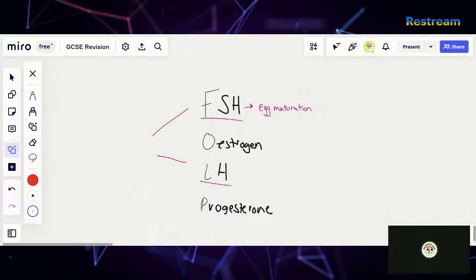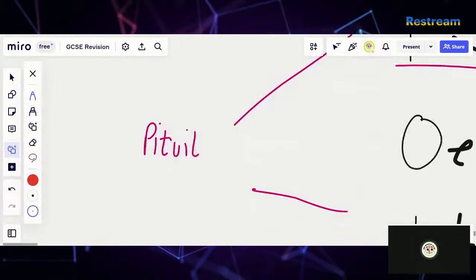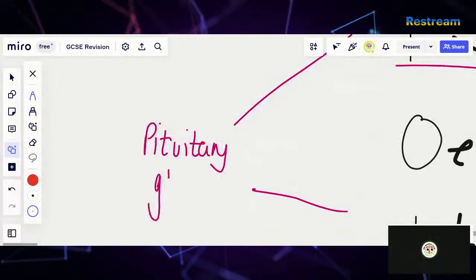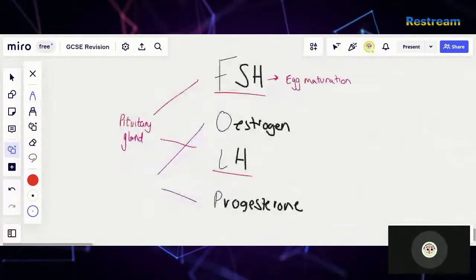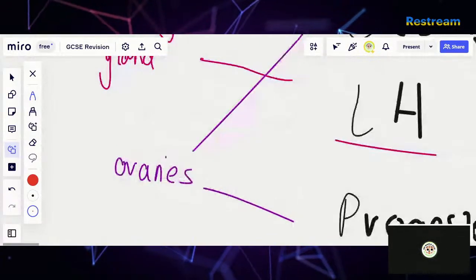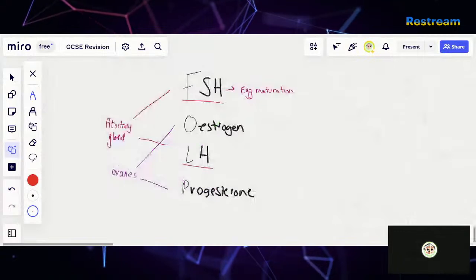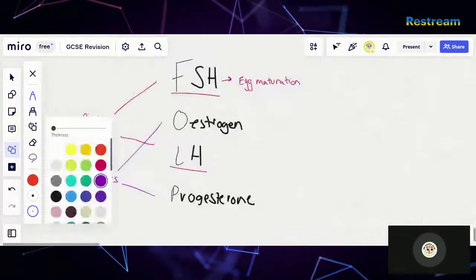These are both released in the pituitary gland. And then estrogen and progesterone are both released in the ovaries. Okay. So FSH is responsible for egg maturation.